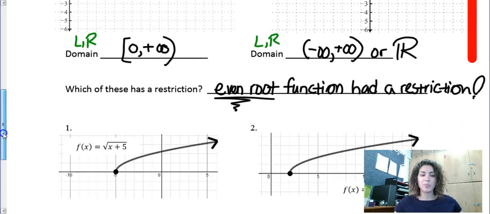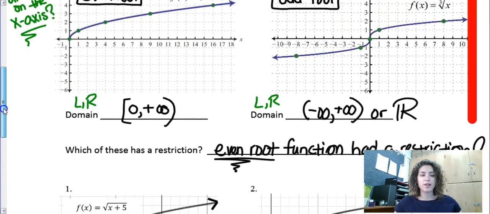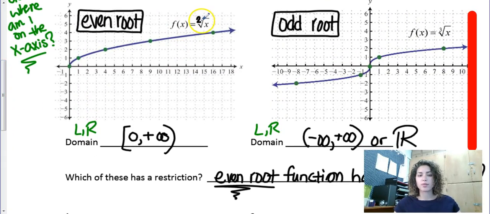That is a big deal because we'll know right away. If I see a square root, a fourth root, sixth root, any type of even root, it will always have a restriction.